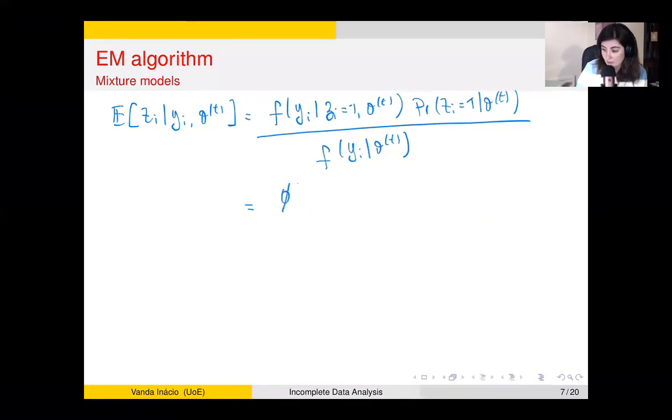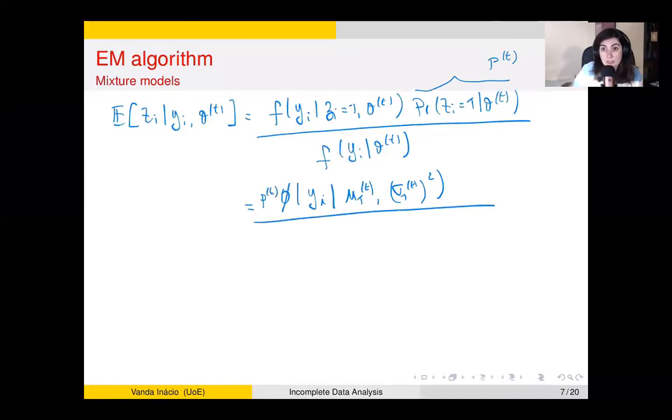So I have this, and this is conditional on, sorry, theta t, right? And then I know that the probability of zi being equal to 1 is equal to p. Now if I'm conditioning on theta t, I know that this is p of t, so I will put it here. And I know that my density is my mixture model, right?